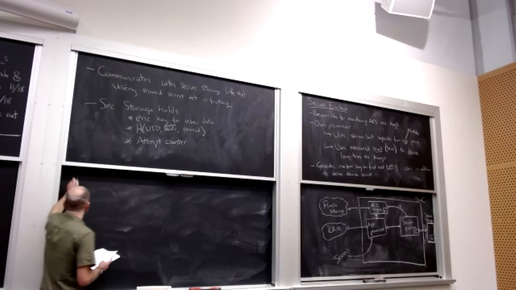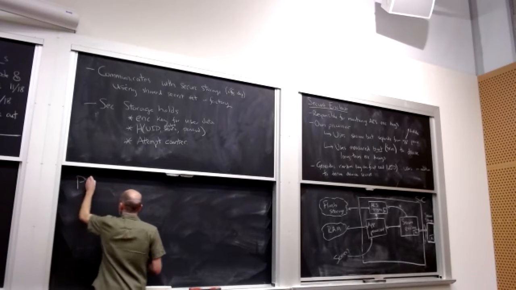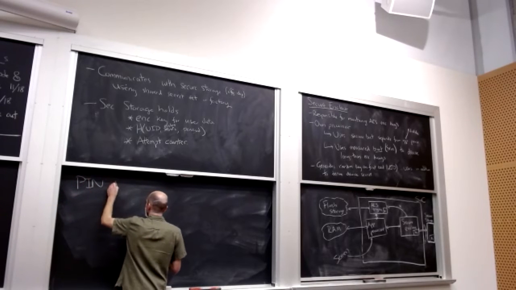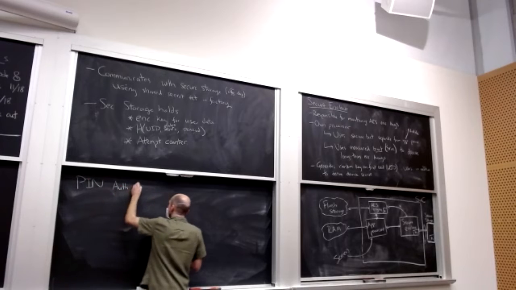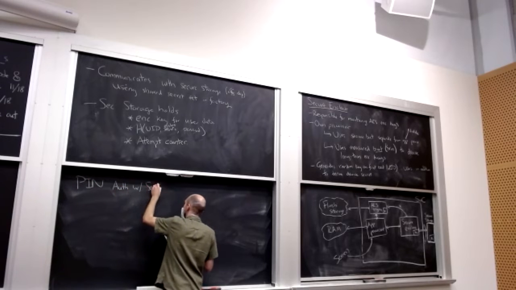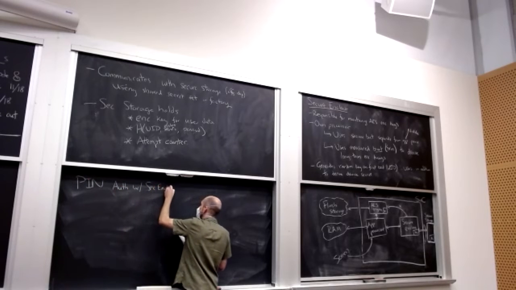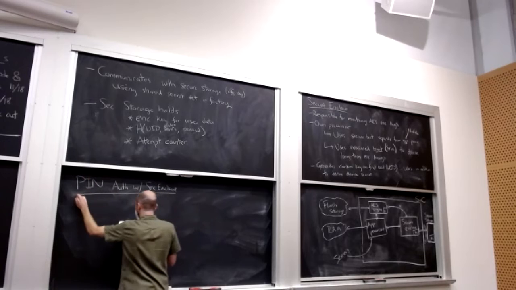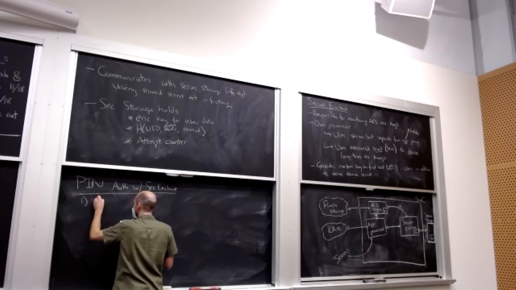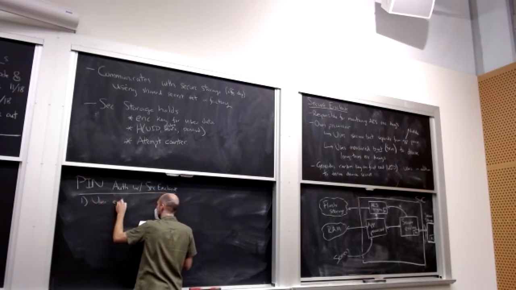So okay, let me run through this protocol. This is PIN authentication with the secure enclave. Step one is the user enters the PIN.